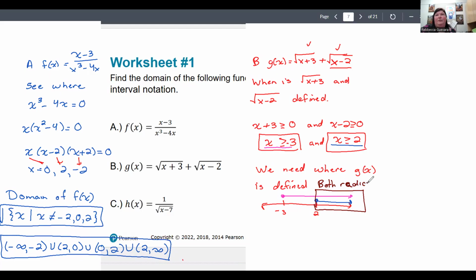This is where both my radicals are defined. And I'd say that my domain of g of x is going to be x such that x has to be greater than or equal to 2, or you can write it in interval notation as 2 or greater.